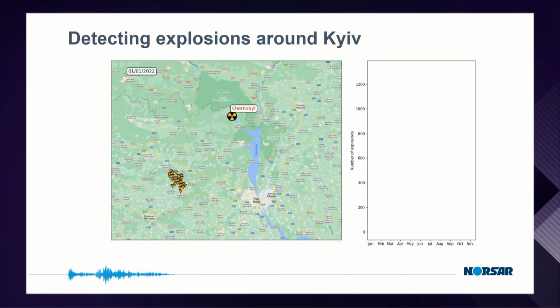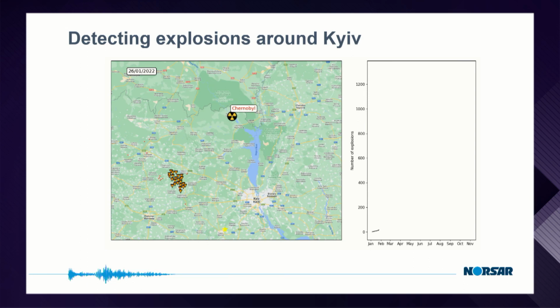So that was a single example of one attack. But we can go back and see from the start of the year, before the invasion of the war, what we detect right up to the start of November. So I'm going to show a timeline now of all the events that we're detecting. This is the start of January, and we're detecting explosions.